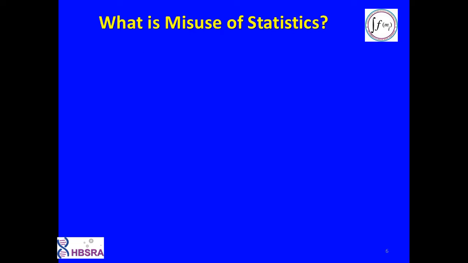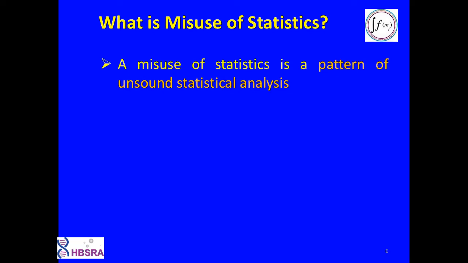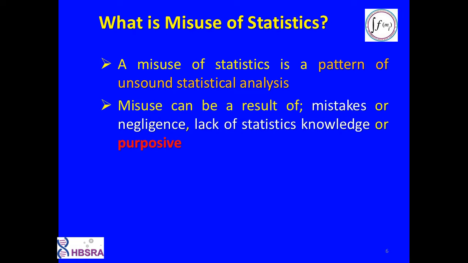What is this misuse of statistics? Misuse of statistics is a pattern of unsound statistical analysis. It can be a result of mistakes or negligence, lack of statistics knowledge, or it can be purposive. For example, when we enter the data, in the place of 10, we might put 100.